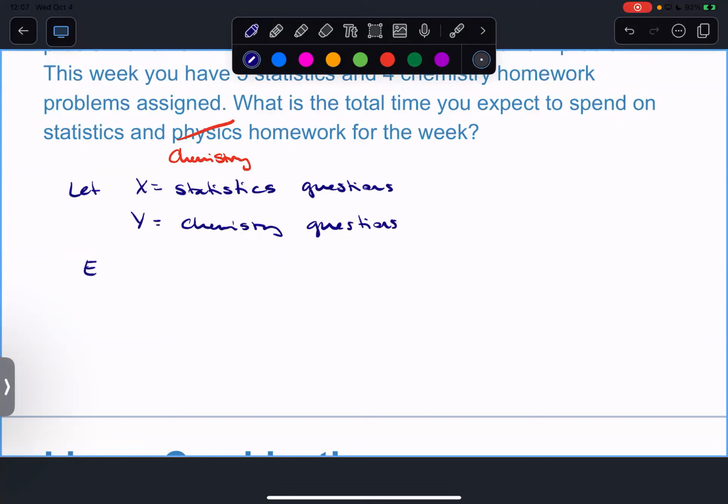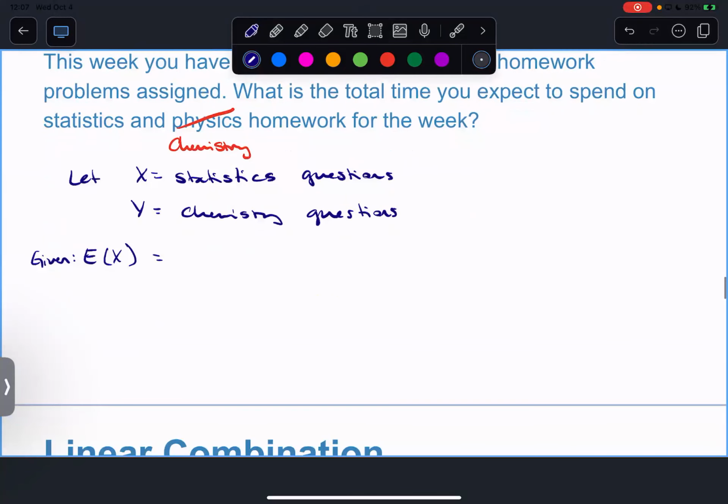So the expected value of X, given the expectation, the expected time spent on a statistics question is 10 minutes. And the expected value of Y was 15 minutes.